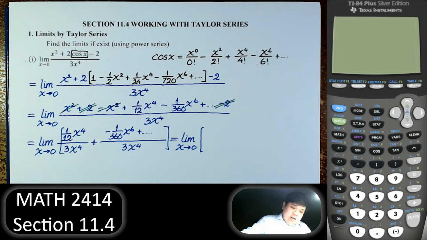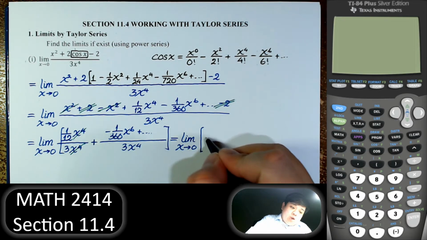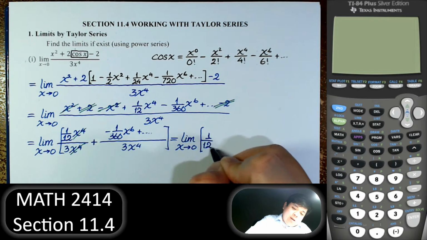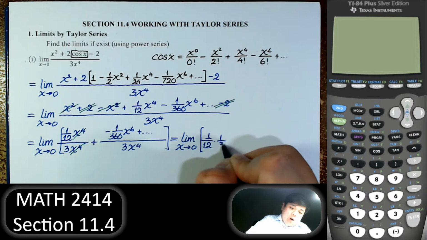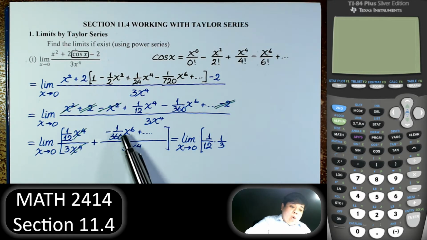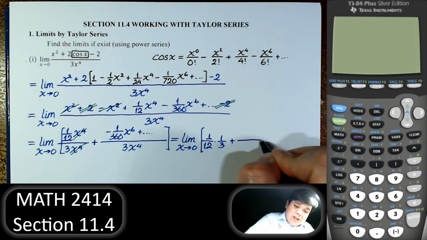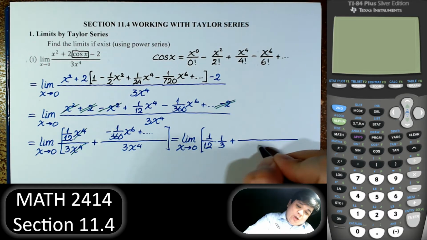Now simplify. x to the 4th: 1 over 12 divided by 3. Dividing by 3 is multiplying by 1 third. So 1 over 12 times 1 third is 1 over 36. And here I only cancel the x to the 4th. It's perfectly fine to leave the 3 there, so I have 3 at the bottom.